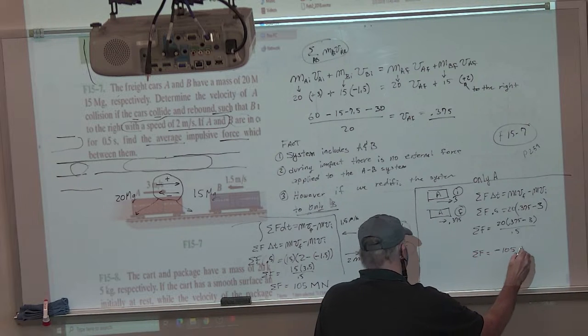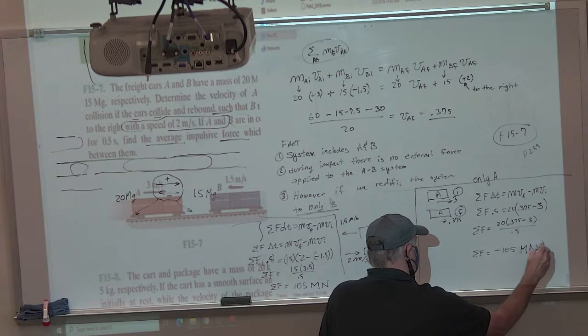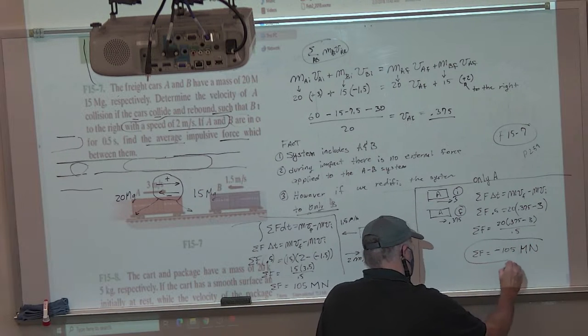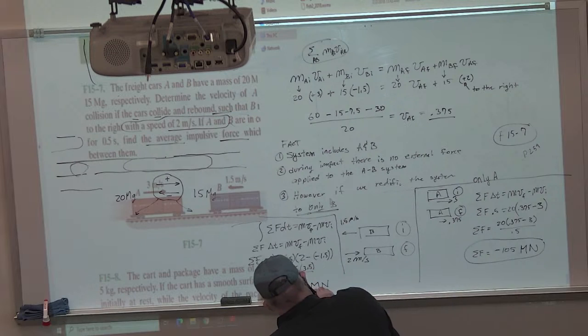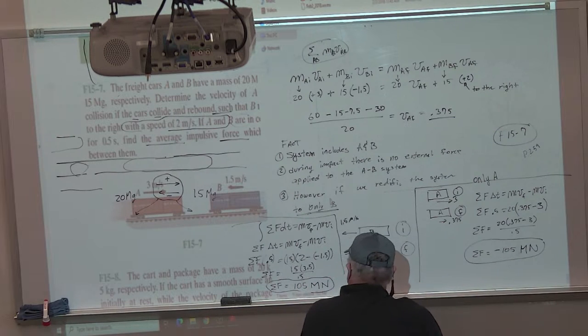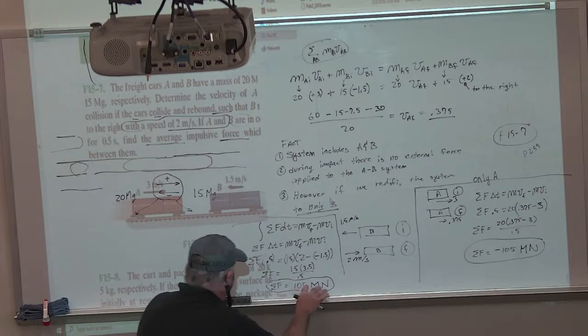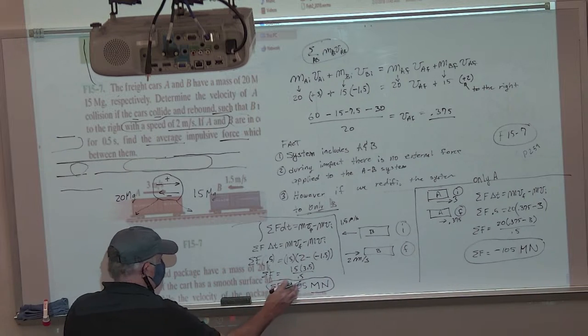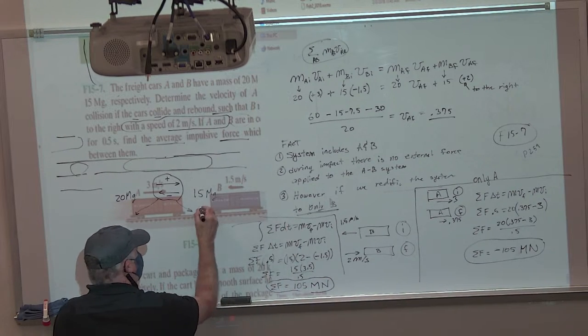Now, and this is meganewtons. Why is this one minus and why is this one plus? And of course, it would make sense that the magnitude would be the same. And that is because during the impact, okay, let's look at this. During the impact, this is B only.